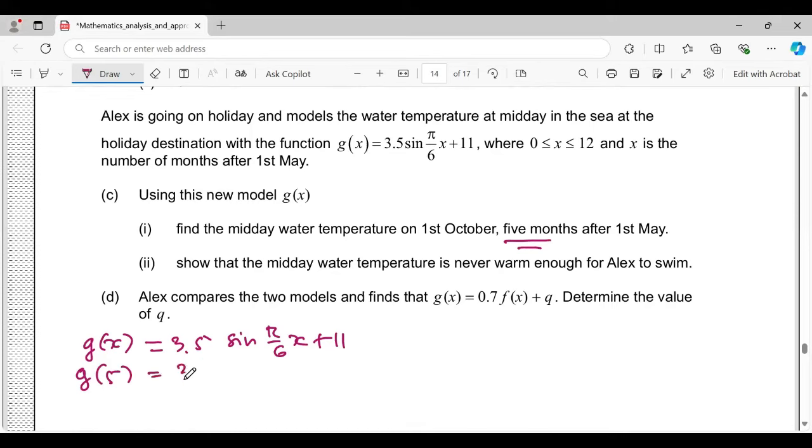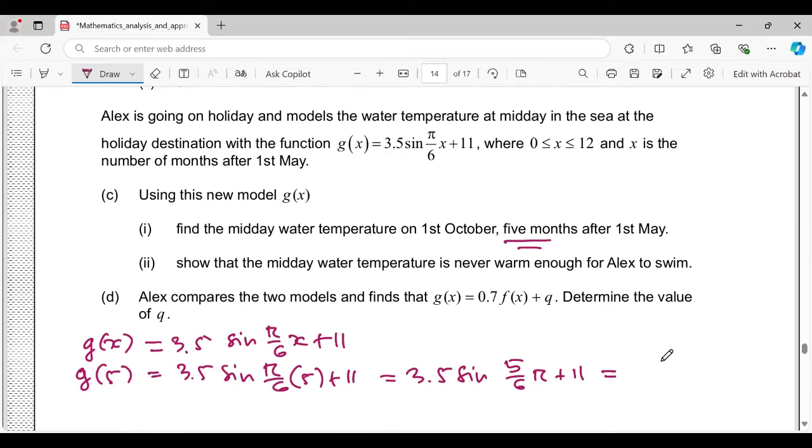It becomes 3.5 sine(pi over 6 times 5) plus 11, and it is 3.5 sine(5 over 6 pi) plus 11.